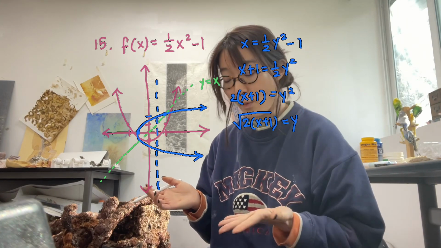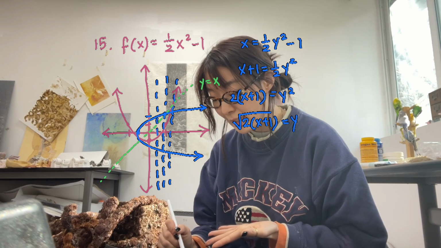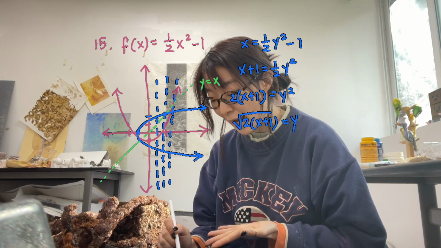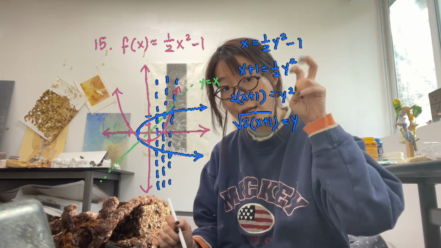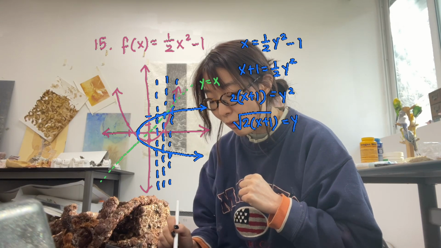But if I were to do the vertical line test right on this inverse relation, I get more than one intersection.